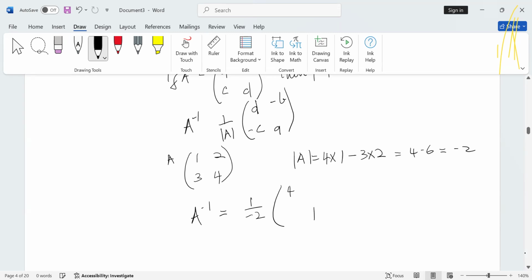Exchange the first diagonal, multiply the second one by negatives, then you multiply this scalar multiplication. That times that will give us minus 2. This times this will give us 1. That times that will give us 3 over 2. This times this will give us minus 1. These are the same things we got above.